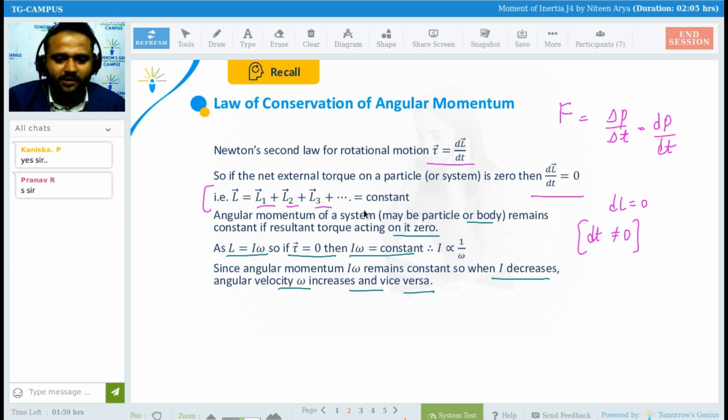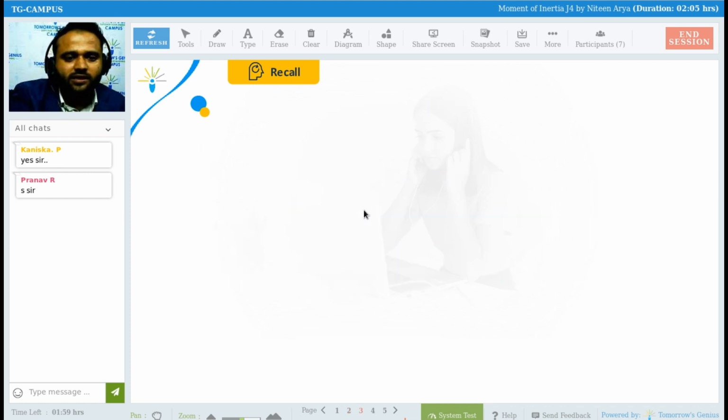That is the simplest thing, where I is the moment of inertia. Let's talk about moment of inertia for a particle.